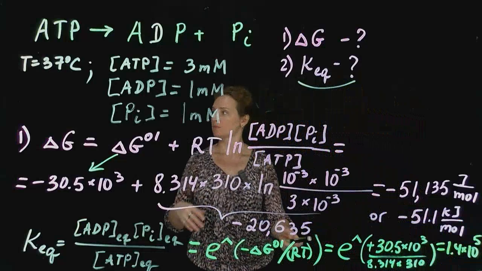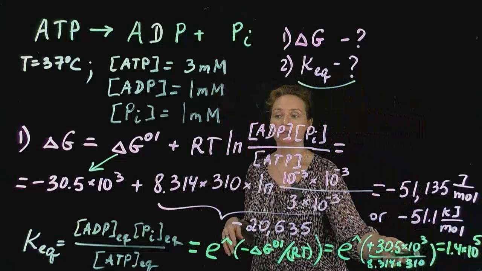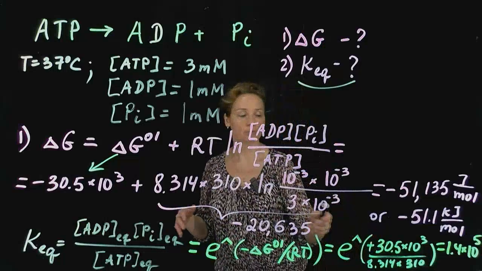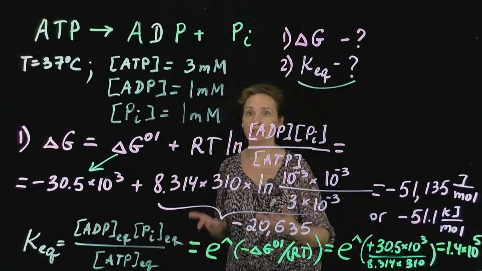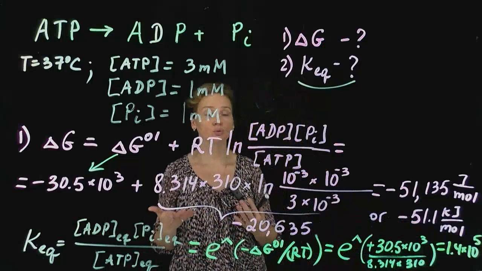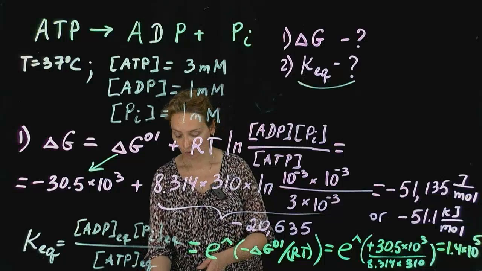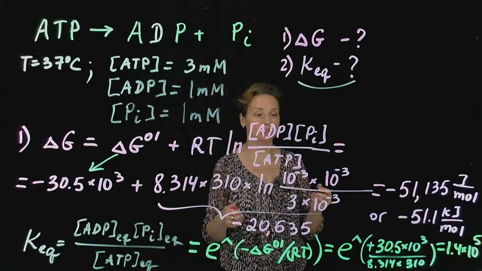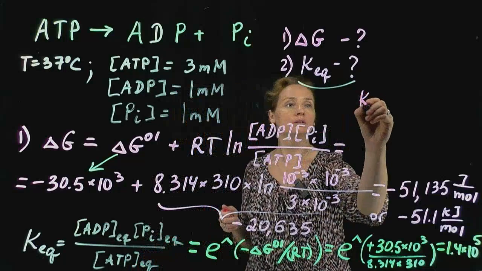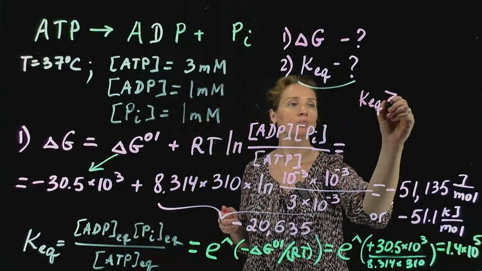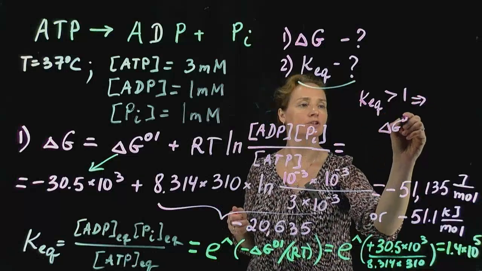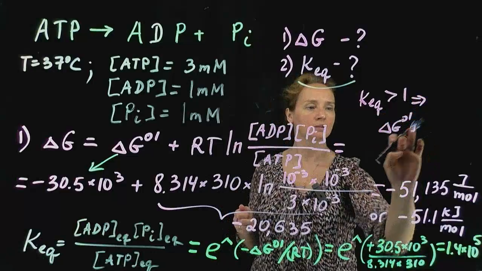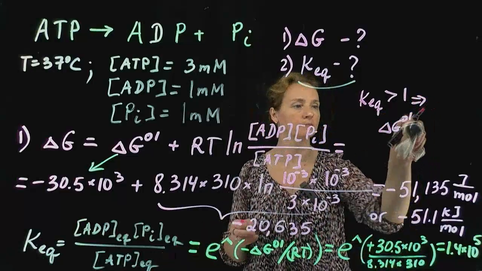What if we are asked to actually determine, based on the equilibrium constant, whether or not the reaction is spontaneous under standard conditions? How do we do that? We know that the equilibrium constant should be more than 1 for the standard free energy change to be negative.